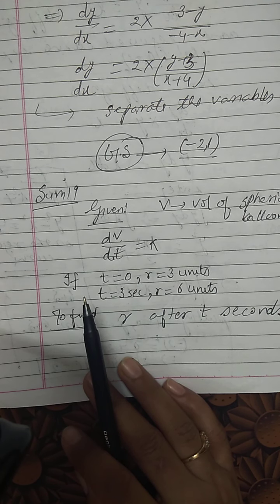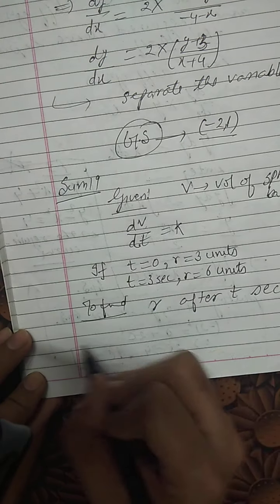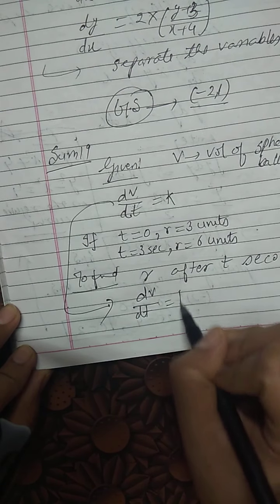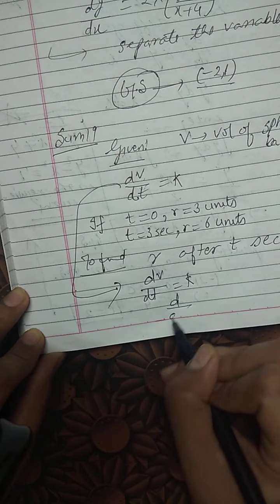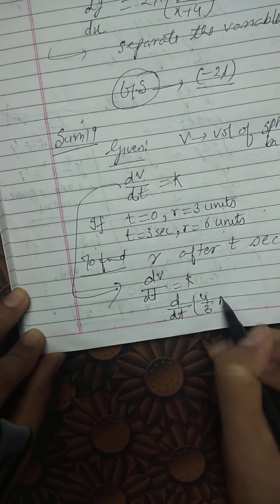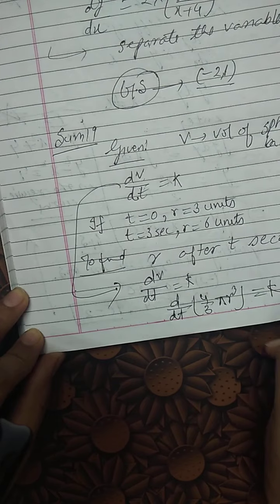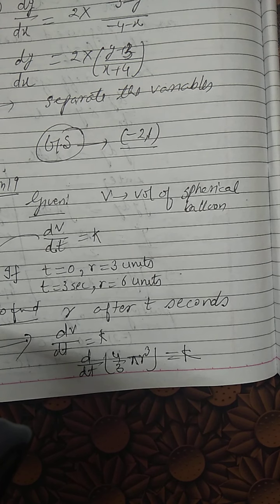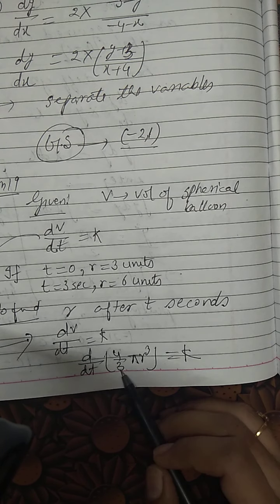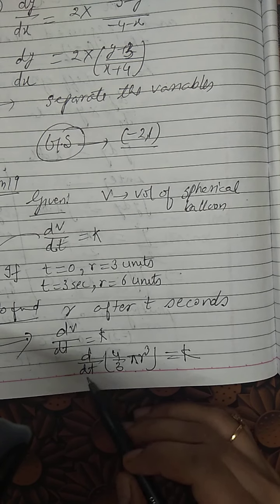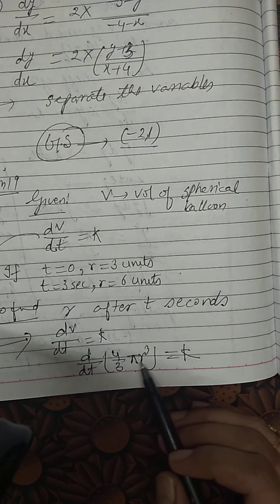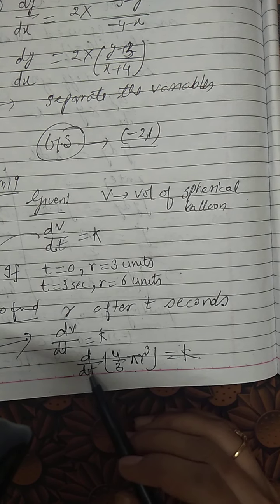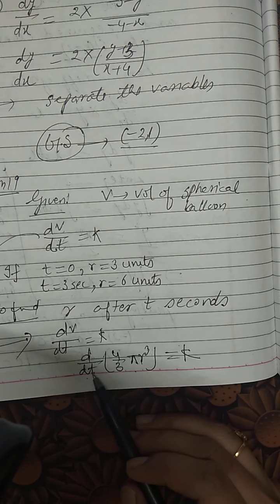So as dV by dt is constant, it means d by dt of 4 by 3 pi r cube is constant. 4 by 3 and pi are constant, and the derivative of r cube with respect to t, by the power rule, is 3r square into dr by dt.